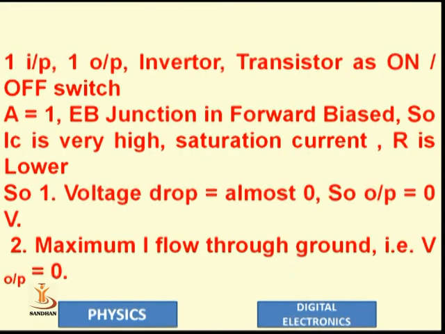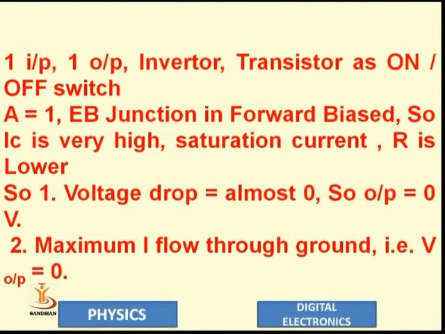It is also known as an inverter. For example, if we give input 1, output will be 0. If we give input 0, output will be 1. So this gate is able to invert the given input: 0 makes a 1 output and 1 makes a 0 output.